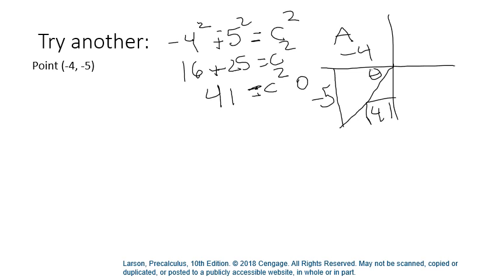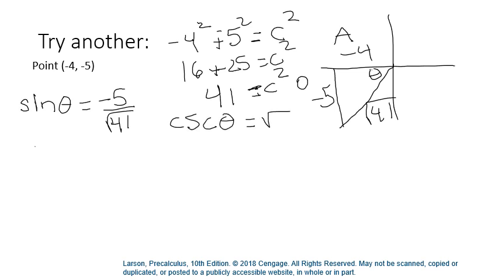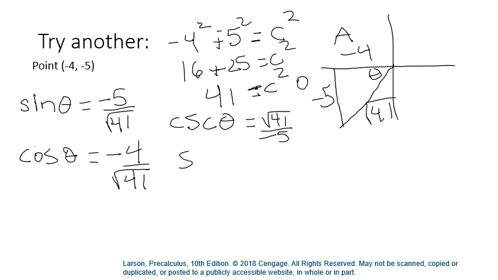So now we have enough information to do sine of theta, which is O over H. We can do cosecant, which is the reciprocal. We can do cosine, which is A over H. And we can do secant, which is the reciprocal.